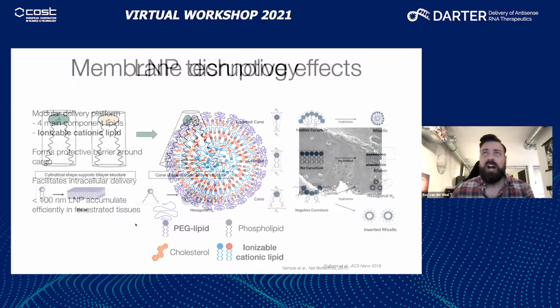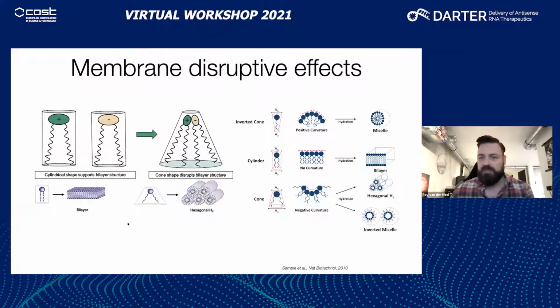So why is the ionizable cationic lipid so important? As you can see on the slide on the left, in isolation, cationic lipids and anionic lipids present in the endosome adopt a cylindrical molecular shape, which results in packing in a bilayer conformation.